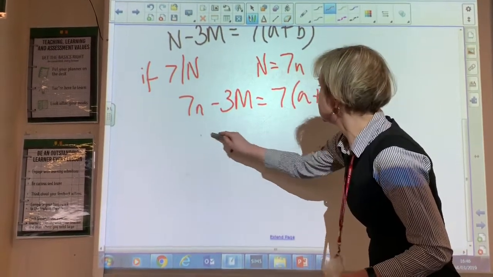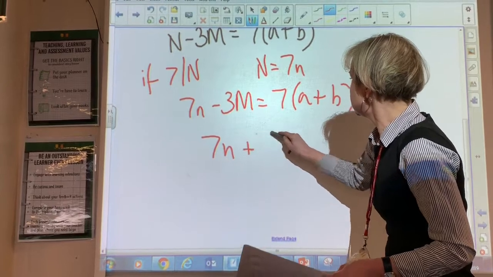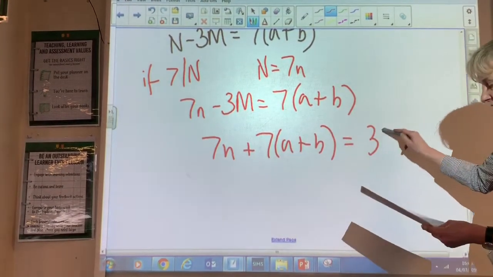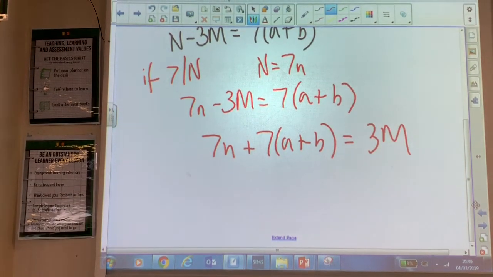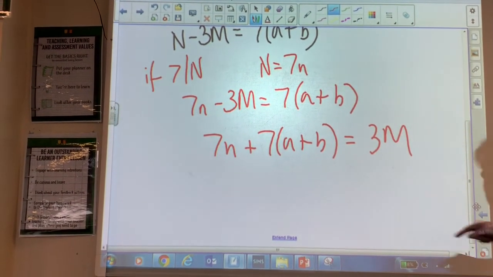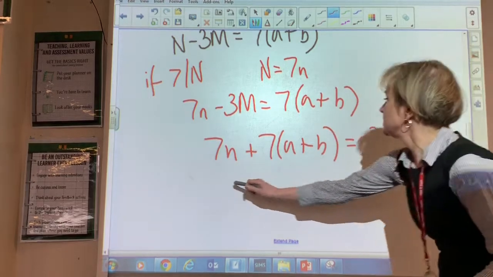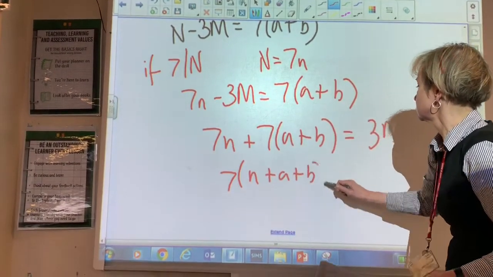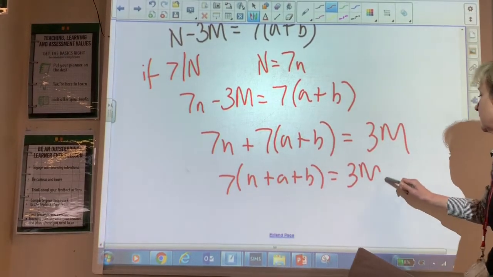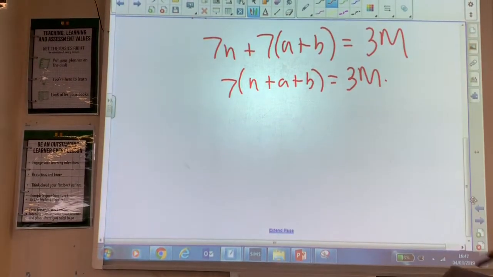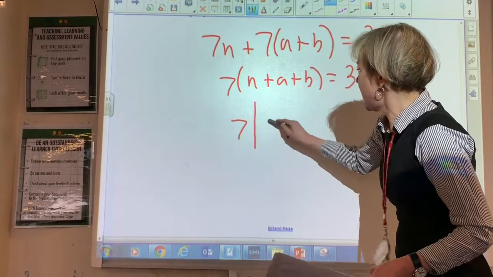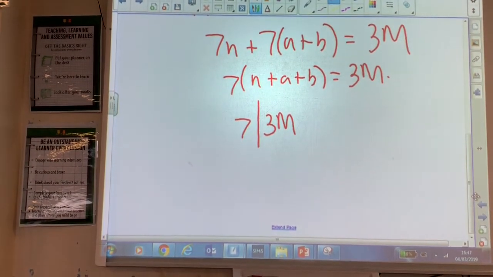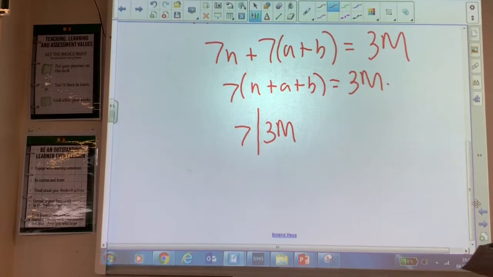I know then that 7k minus 7a plus b will be 3m. So take out a factor of 7. So I know that 3m must be divisible by 7 because you've written it as a multiple of 7.